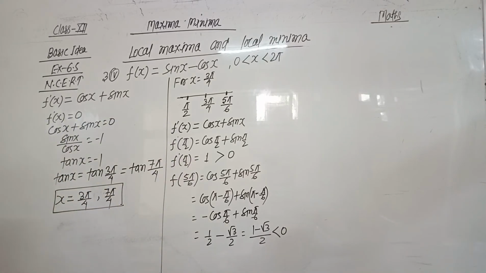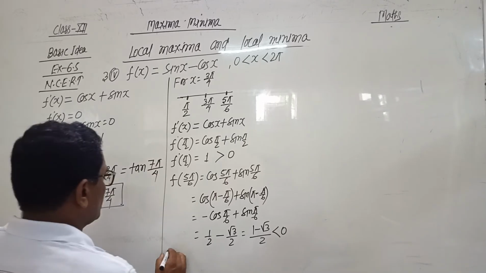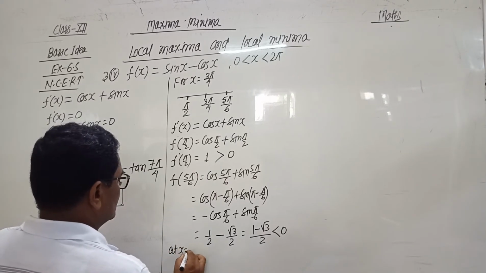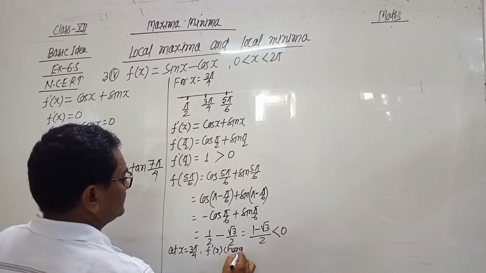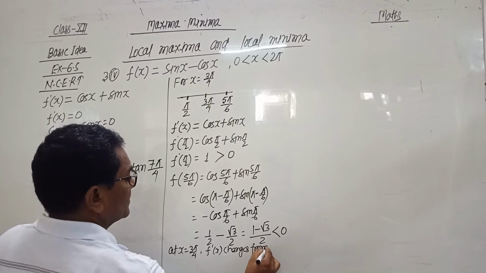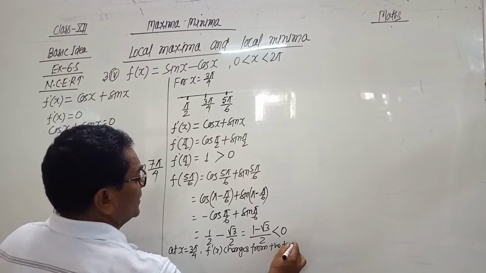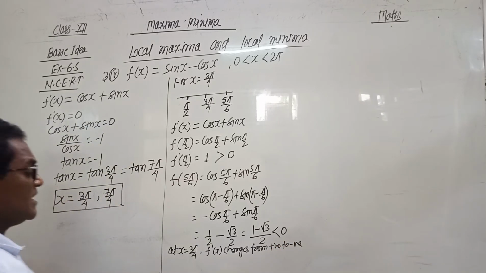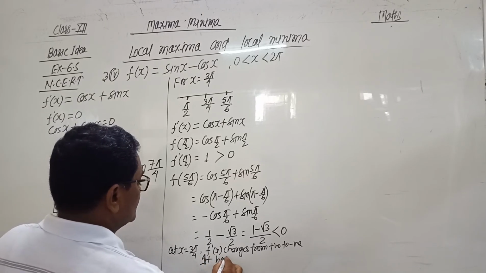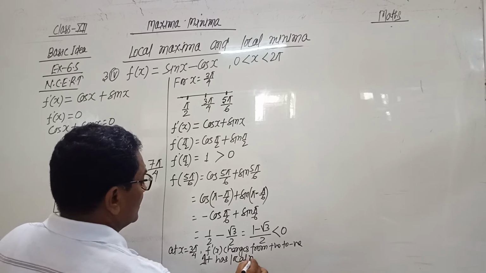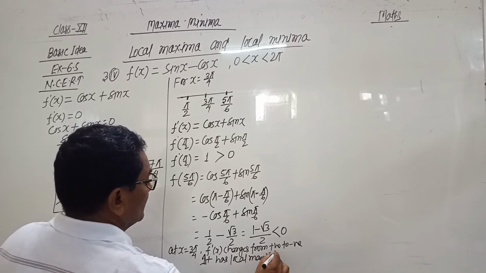So at x equals to 3 pi by 4, f dash x changes from positive to negative, which means it has a local maximum value.